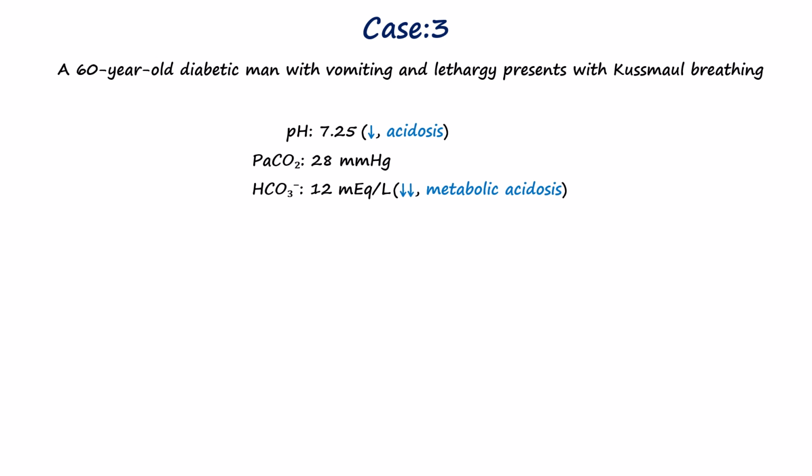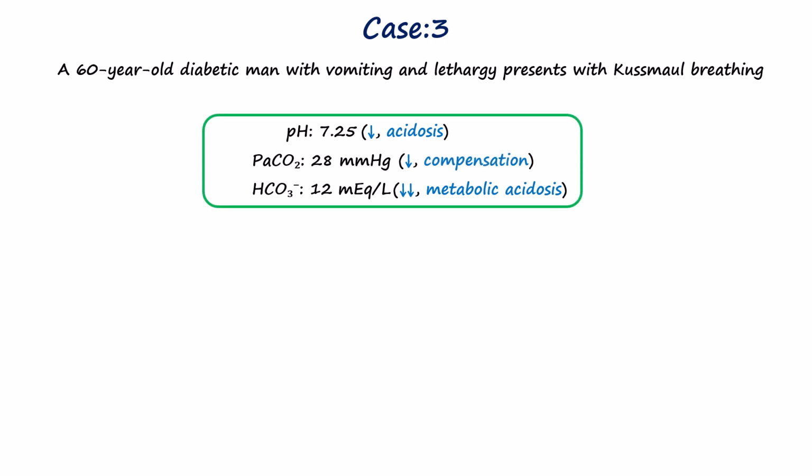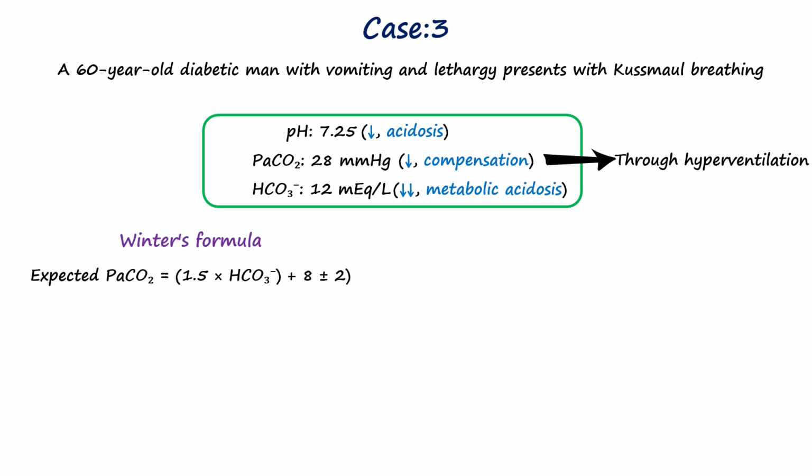And if we look at the PaCO2, it also is low, which would suggest respiratory alkalosis, but it isn't, as pH is low or acidic. The low PaCO2 is a result of compensation. In metabolic acidosis, for every 1 mEq decrease in bicarbonate level, the PaCO2 is expected to drop by 1.2 mmHg.